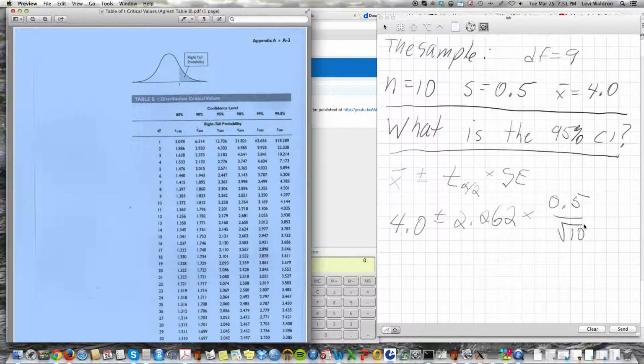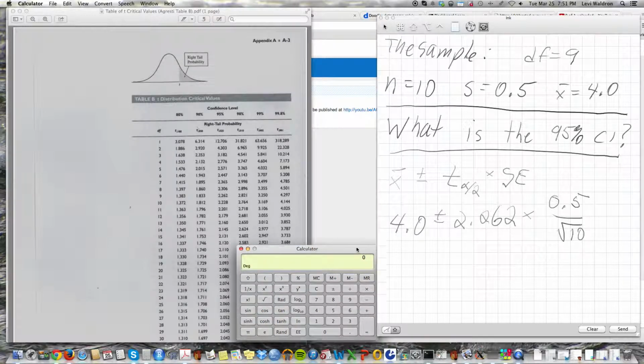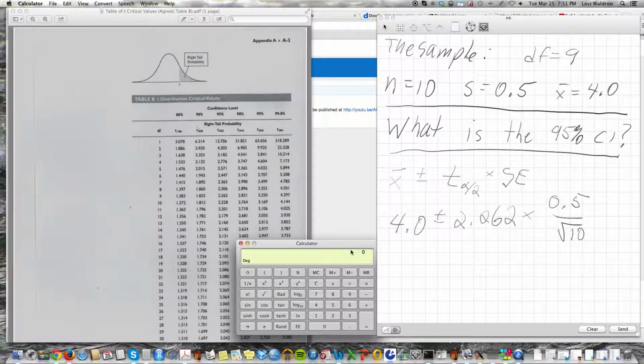So I'm going to do this in a calculator. First, the standard error is 0.5 divided by the square root of 10, so I hit 10 and the square root button. So that's 0.158. So 4.0 plus or minus 2.262 times 0.158.